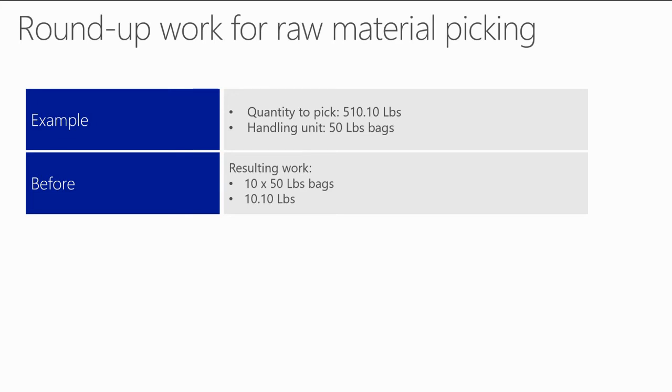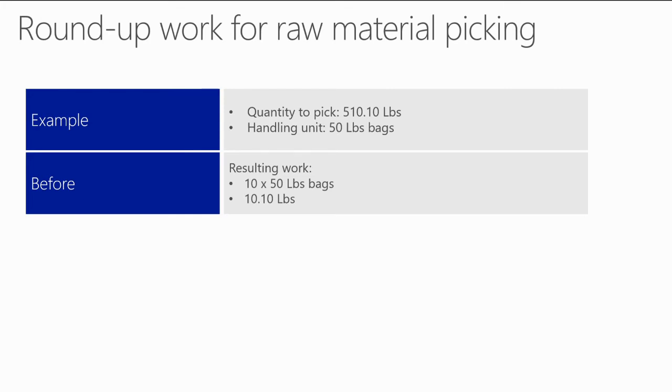But of course, I had some dialogue, and very fast we got the feedback that is not the way we do it, because we don't want the warehouse worker to run around with a weight under his arm. He's moving handling units. And what is going to be weighed off is going to happen on the machine. So they would like to see that we can round up the quantity to match the handling unit.